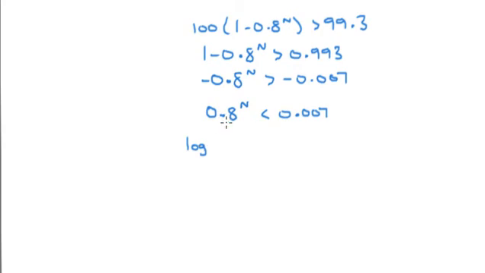You could have used log of 0.8. You can use any log you want, but I'm going to use 10. Log to the base 10. And if you don't write the 10s in, they'll assume that you've used log to the base 10, so don't worry about that. We can move the n to the front now using our log rules.